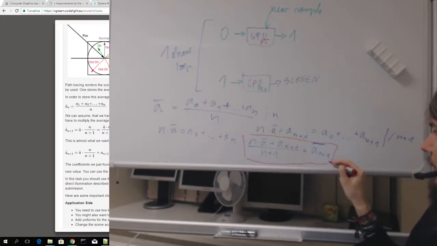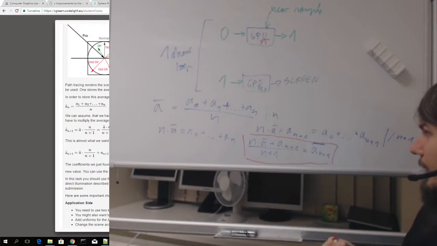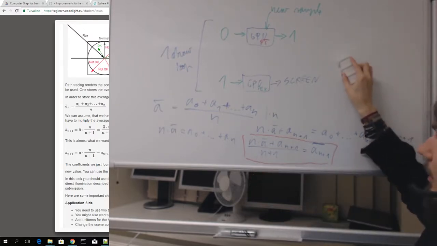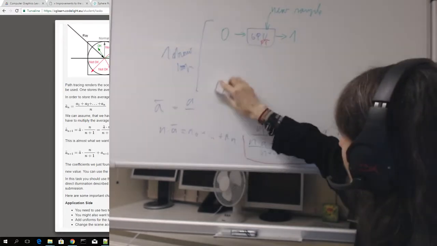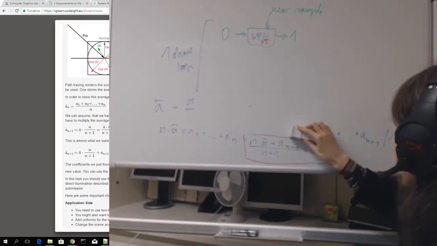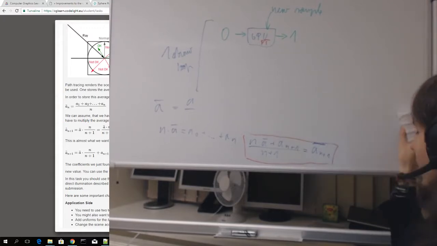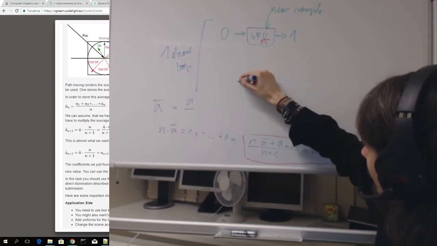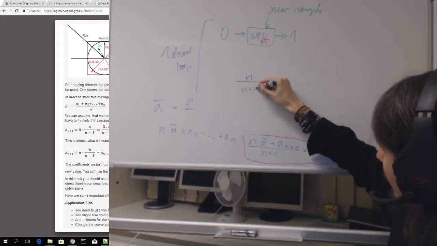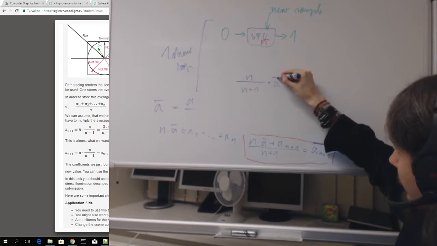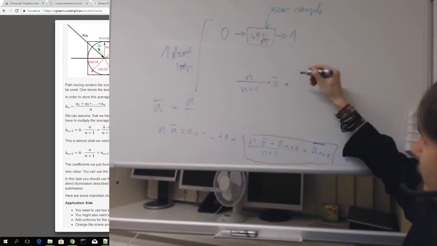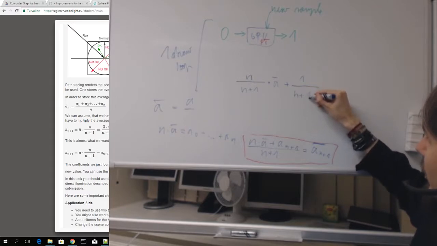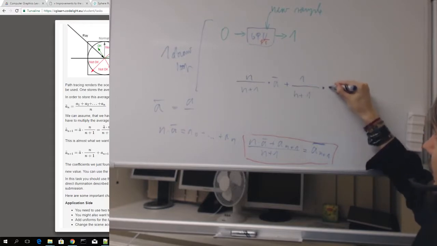And with this formula, we can make it a bit better. If you look at the left part here, and let's divide this through, we have n divided by n plus 1 times the previous average, plus 1 divided by n plus 1 times the new sample.